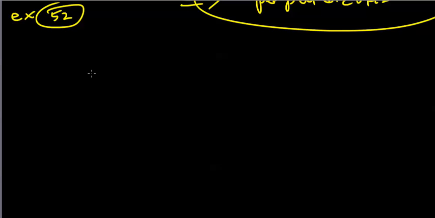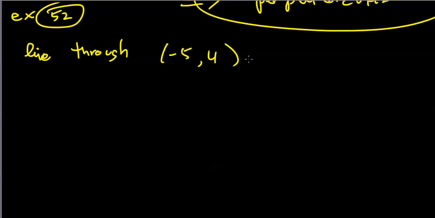Determine whether the lines are parallel, perpendicular, or neither. Right? They give us two pairs of coordinates here. They've got a line through these two points, (-5, 4) and (5, 4).